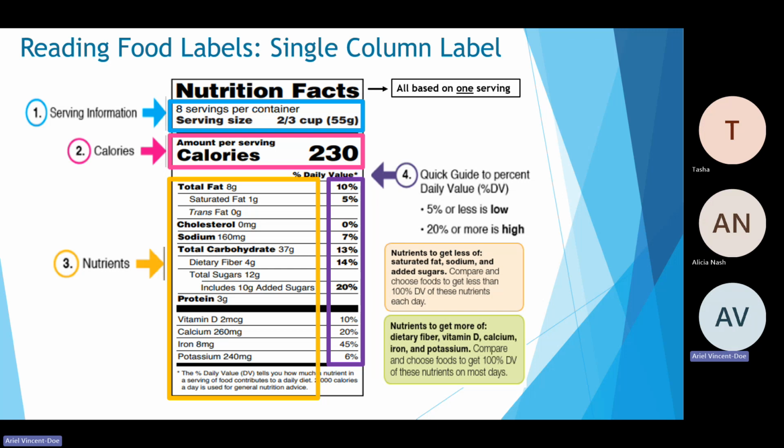They are provided in familiar units that people will recognize, such as cups or pieces. It's usually followed by a metric amount. So most of the time you'll see grams next to that serving size. As you can see here, the serving size is 2/3 of a cup, and then the grams is 55 grams.